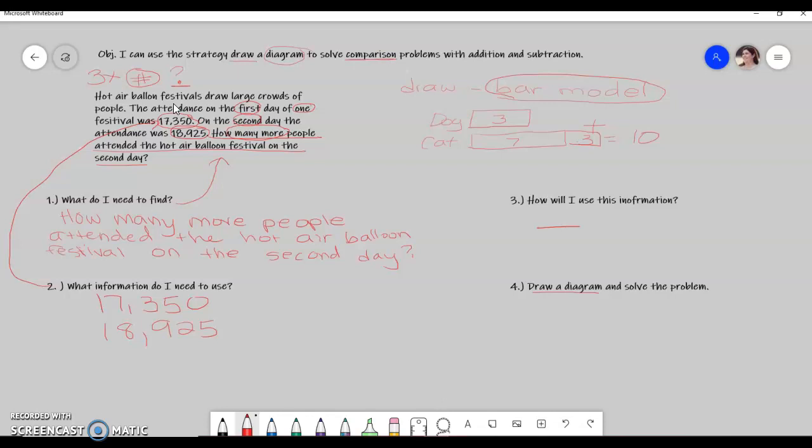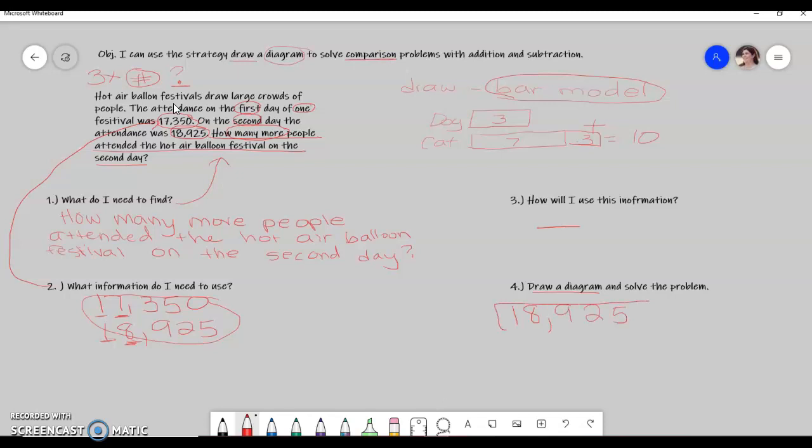So we are going to draw a diagram. So looking at these two numbers, the second day number is 18,925. So that number is the bigger number because there's a 1 in the 10,000s place in both numbers, and then there's a 7 and an 8 here. So there's an 8 in the thousands place. So we're going to put that number on top when we minus, 18,925.